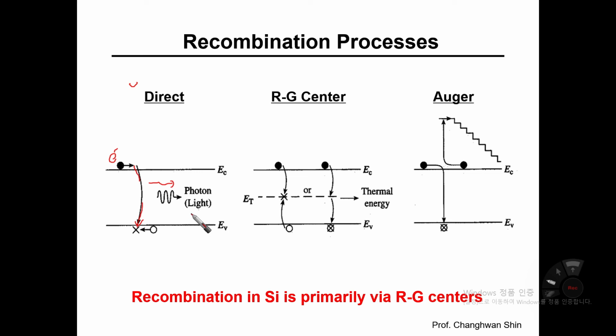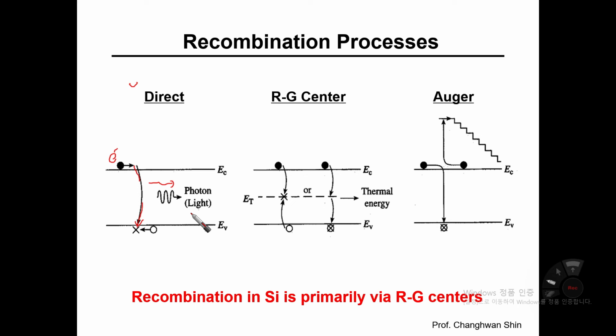In an Intel CPU, if direct recombination happens, it would give us a large amount of heat, thermal energy. What if this recombination happens in an LED, light emitting diode, on the ceiling of your room? Then it would give us light, which is good.